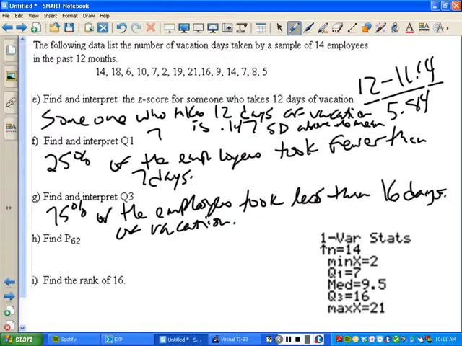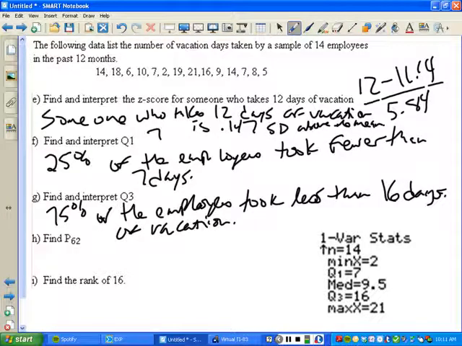And the point is, by saying that, what we're really able to identify is it's not unusual for somebody to take 12 days of vacation in this data set. That would not be like, oh my gosh, you took 12 whole days? That's not uncommon at all.